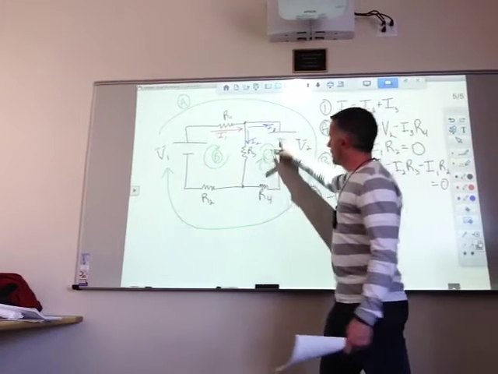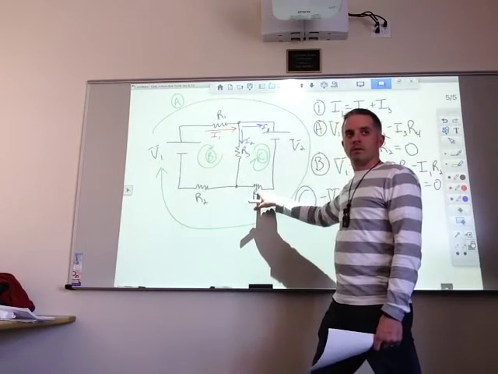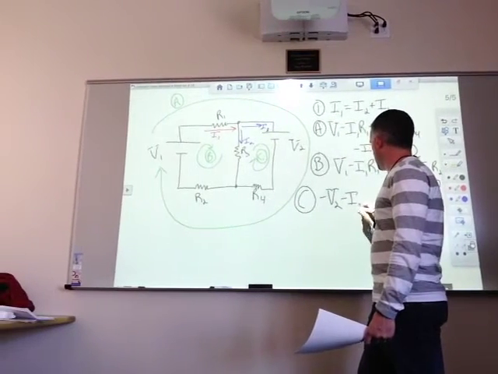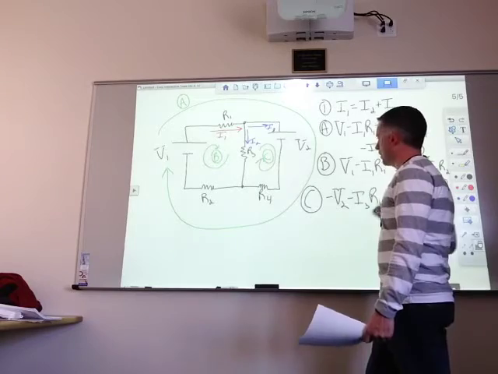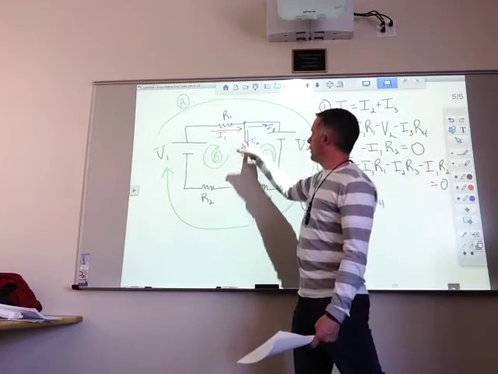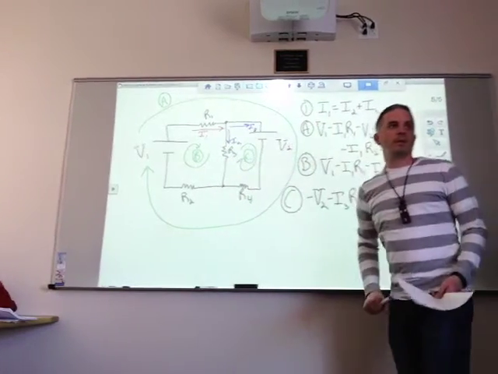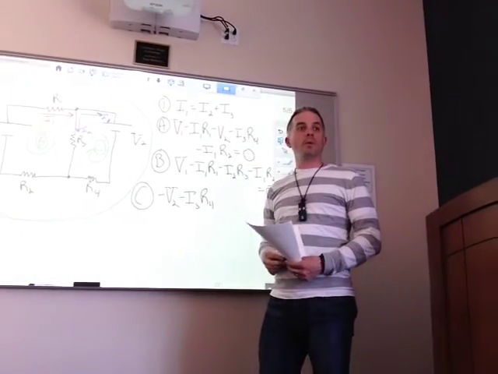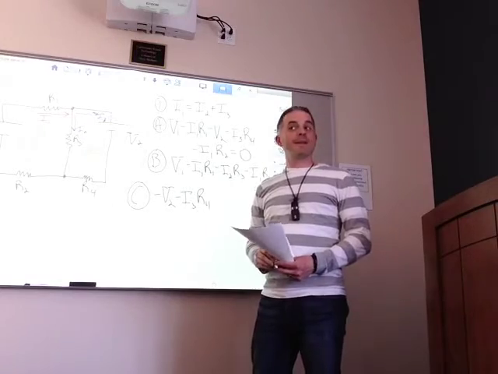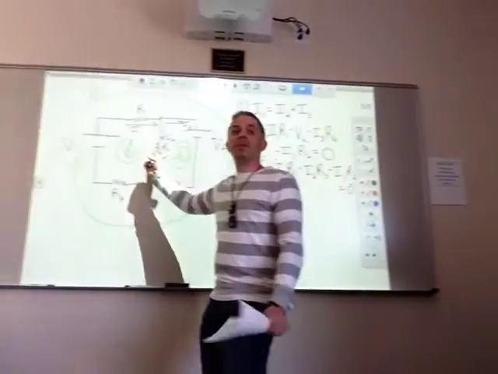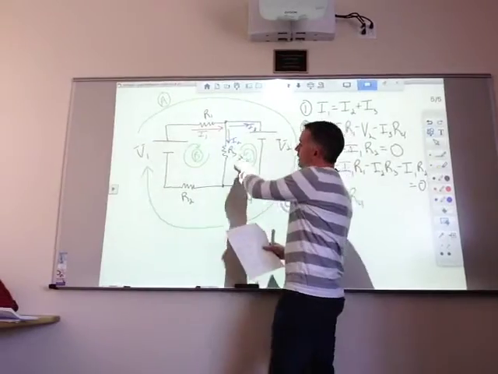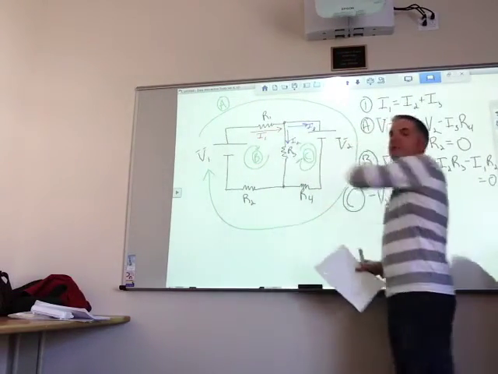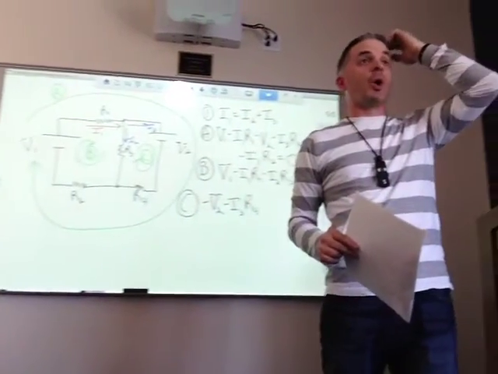So minus V2. And as we come through, this would be what? I3 R4, so minus I3 R4. As we come up here now, we get to this R3. What do you think? This is going to be plus, because the direction that we're traveling is against the direction we have picked I2 to go.